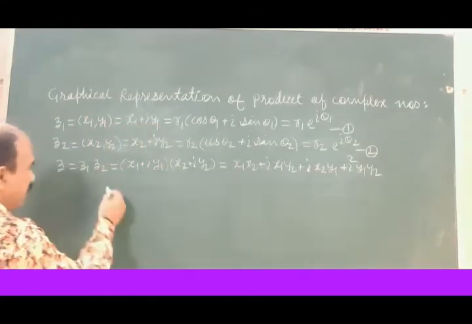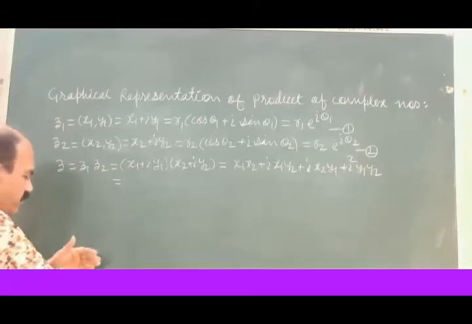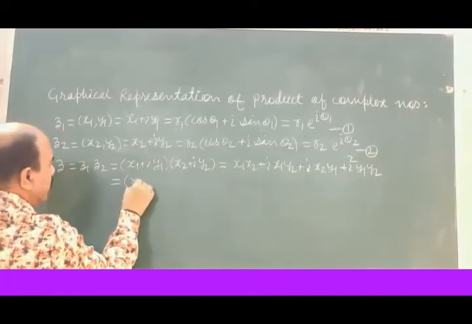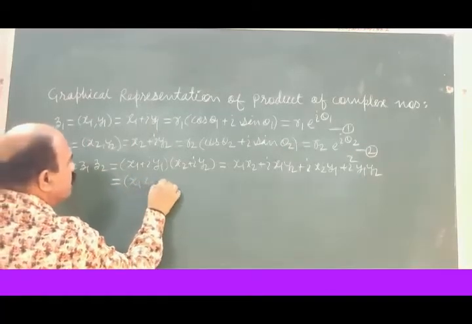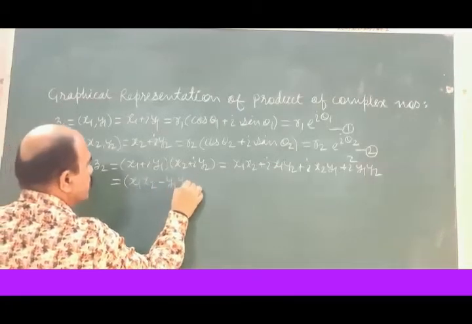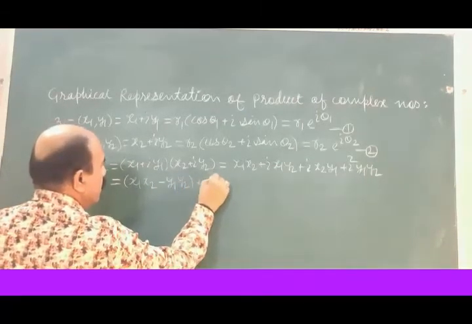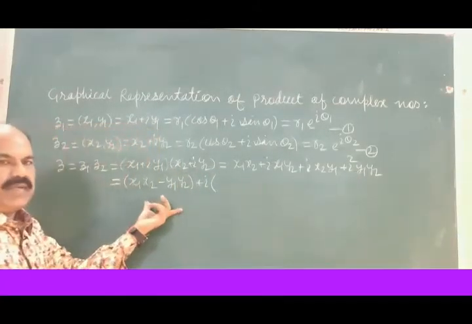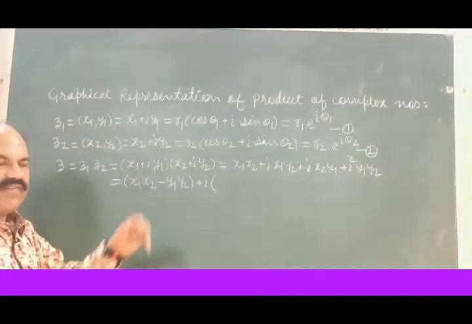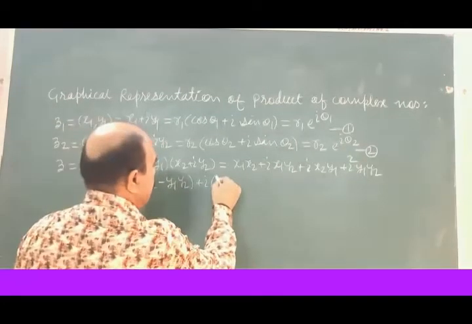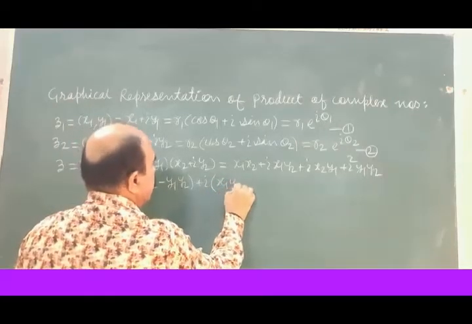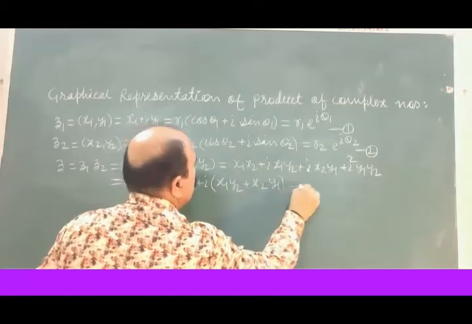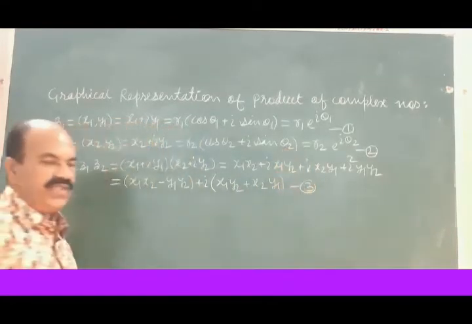So, this is further equal to x1 x2 minus y1 y2 plus I into, with the real part taken in one bracket, x1 x2 minus y1 y2, plus I taken common, and in the second bracket x1 y2 plus x2 y1, equation number 3.